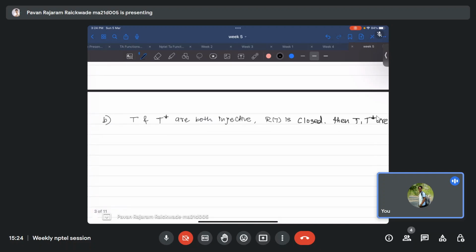What we know is T and T star are both injective. That's all we know.